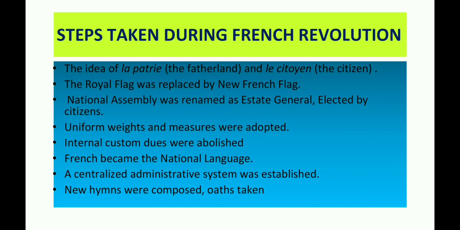The last step was to invoke nationalism. Several hymns and songs were composed and oaths were taken. So these are all the steps that were taken during the French Revolution.